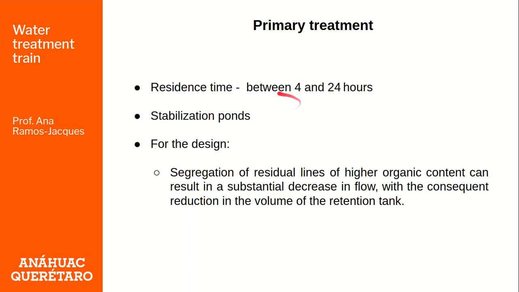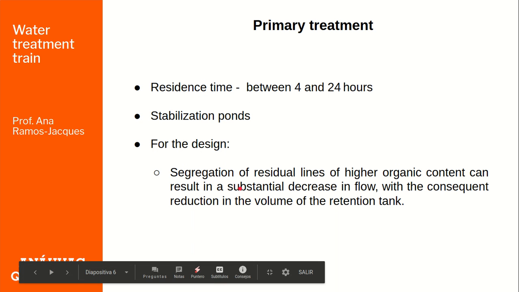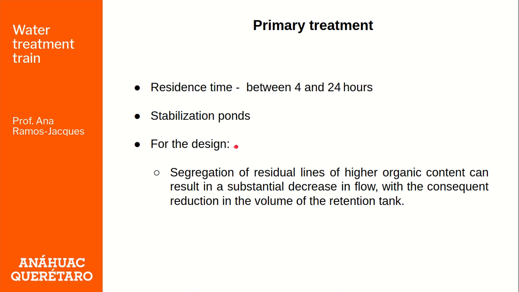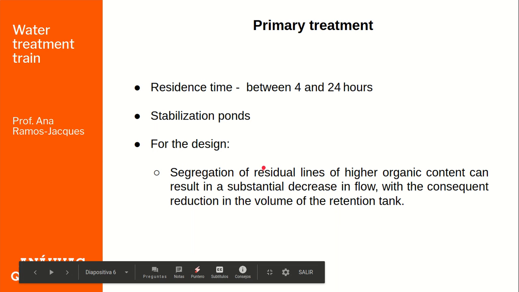We could have some stabilization points in here. Not always do we have this, but sometimes we have to put in a stabilization point, and we have to consider for the design that segregation of residual lines of higher organic content can result in a substantial decrease in the flow. So we have to reduce the volume of the retention tank.